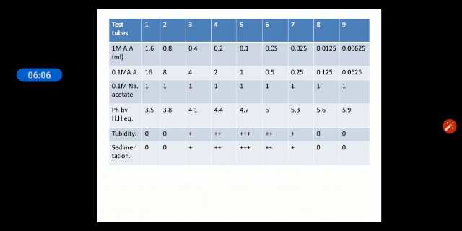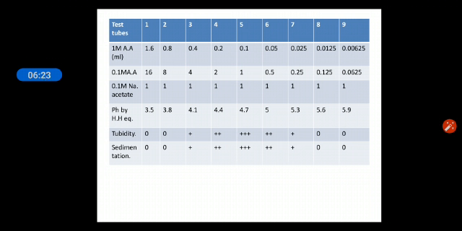First we take in test tube number 1, 1.6 ml of 1 molar acetic acid, that when converted to 0.1 molar will be 16 ml, shown in the second row.